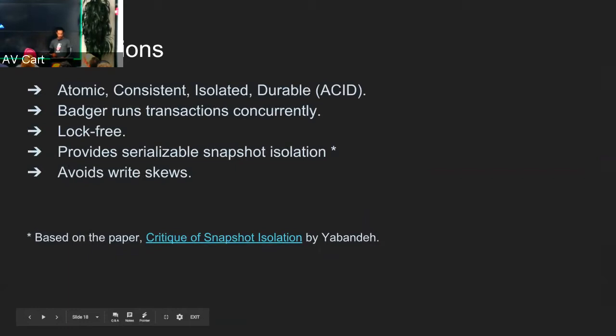Badger runs all read-write transactions concurrently. It does not acquire any row-level or key-level locks, instead using an in-memory oracle for read-write conflict detection, providing a lock-free implementation. This mechanism is roughly based on a paper called Critique of Snapshot Isolation by Maysam Yabandeh.